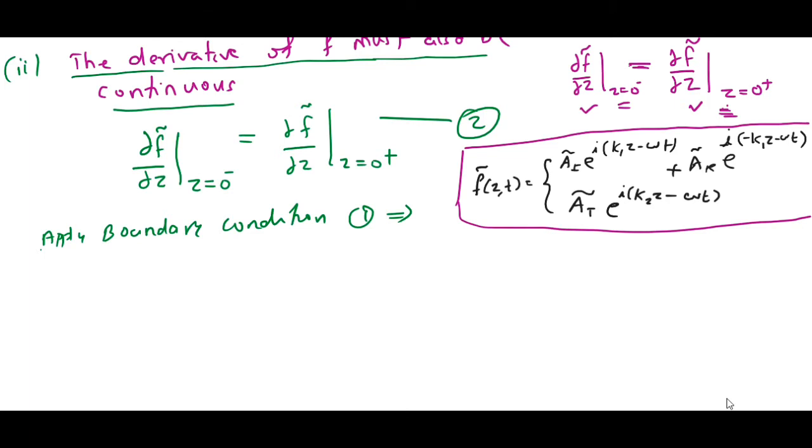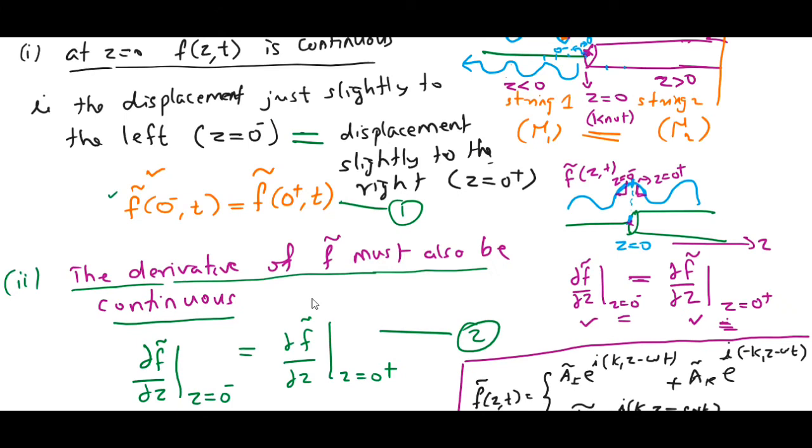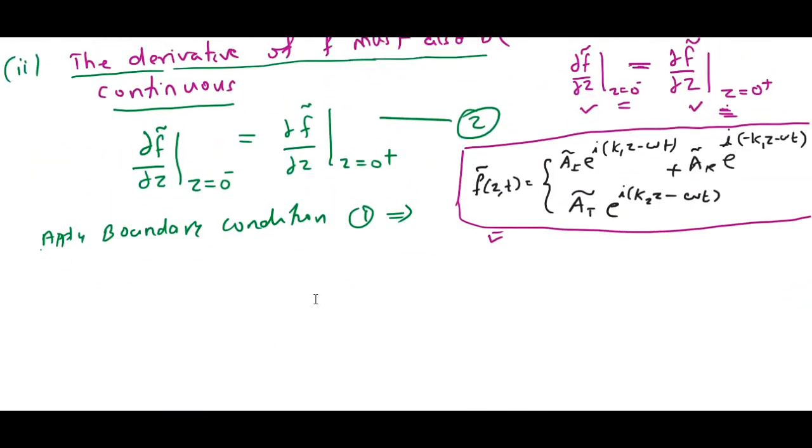Okay, we will apply our boundary conditions to these equations. These represent total wave function, total waves on the string. First, we will apply the first boundary condition, that is f of 0 minus t is equal to f of 0 plus t.